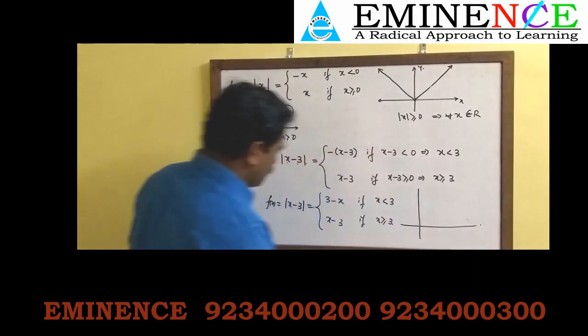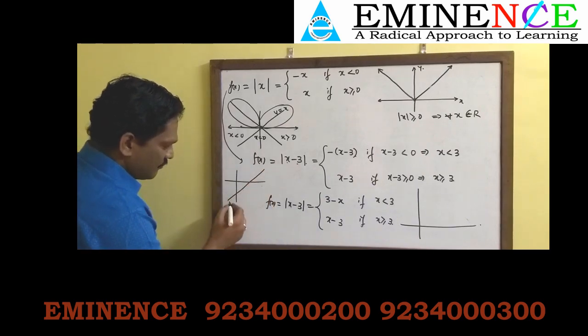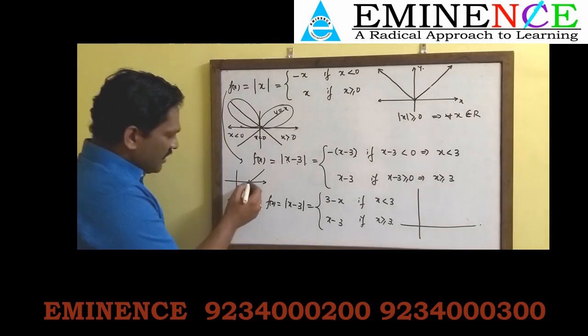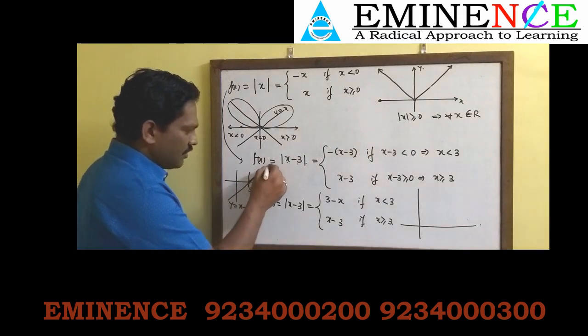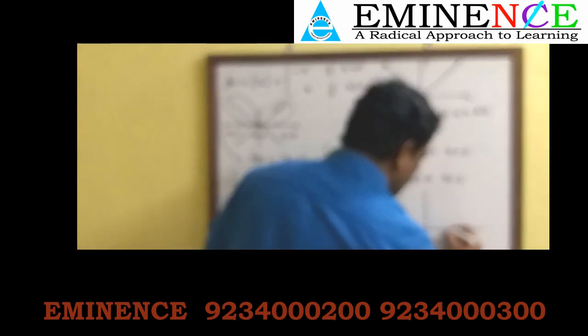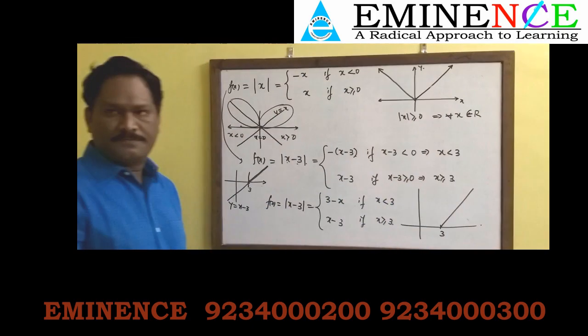Now y equal to x minus 3 is a straight line like this. It is going to intersect the x-axis at the point x equal to 3. Now, we need to consider this only for x greater than 3. So you just need to consider this part starting from 3.